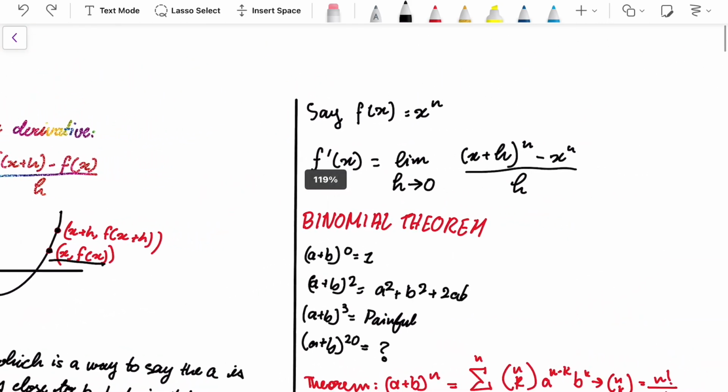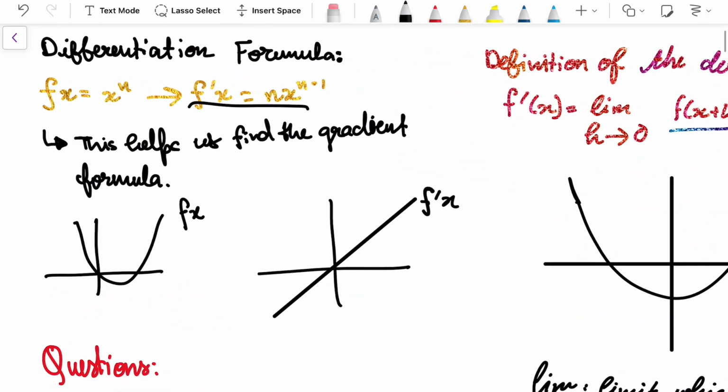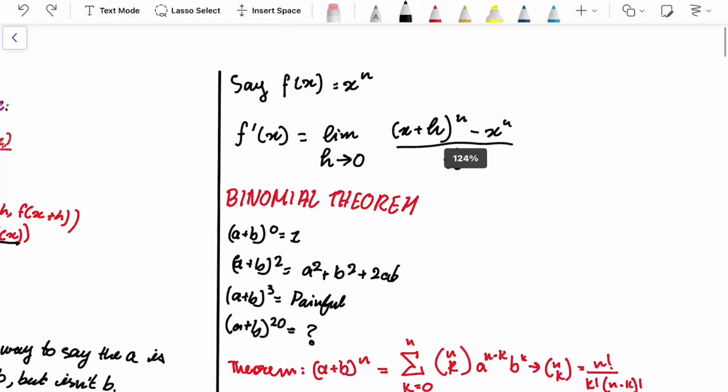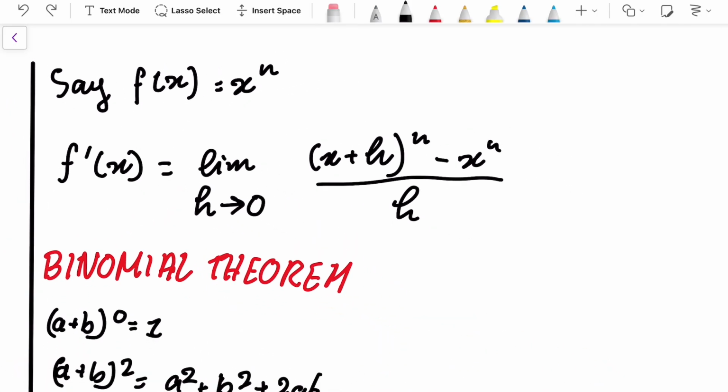Now, to get it into our formula, which is this one, how do we do it? This is where we're going to use the binomial theorem. So let's say f(x) is equal to x to the power of n.